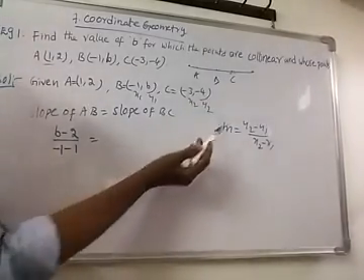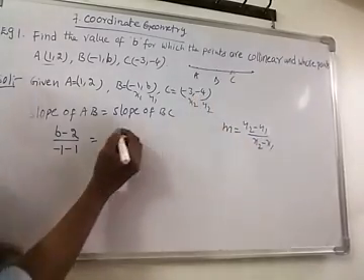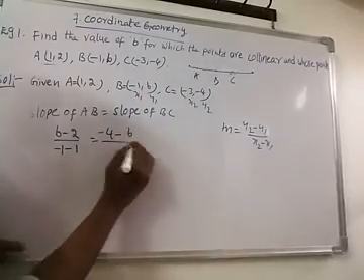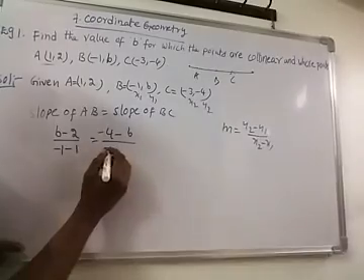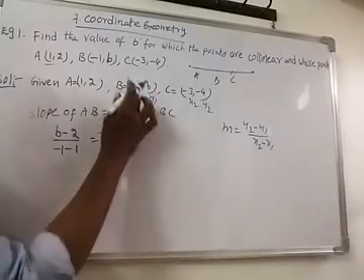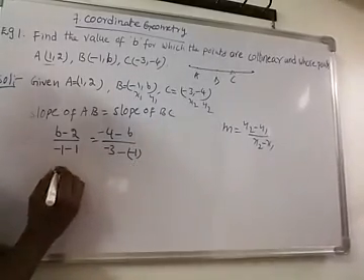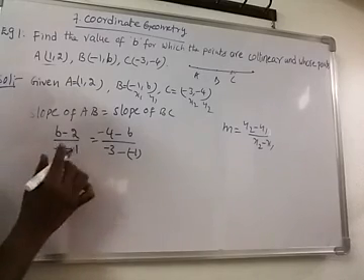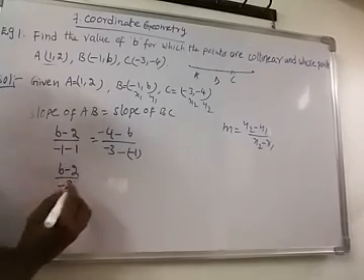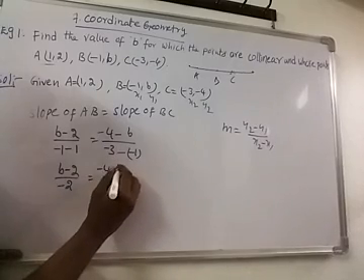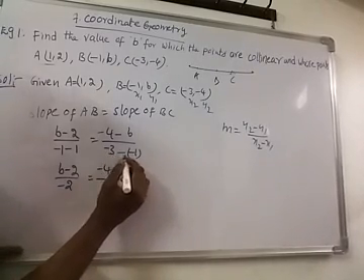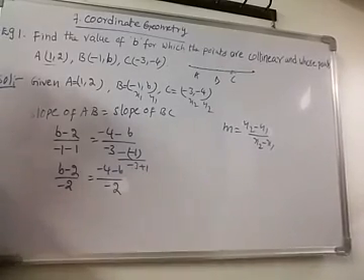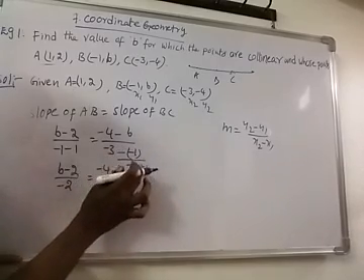So the slope is (y2 - y1)/(x2 - x1), that is (-4 - b)/(-3 - (-1)). So (b - 2)/(-2) is equal to (-4 - b)/(-3 + 1), which is -2. Minus into minus is plus 1.